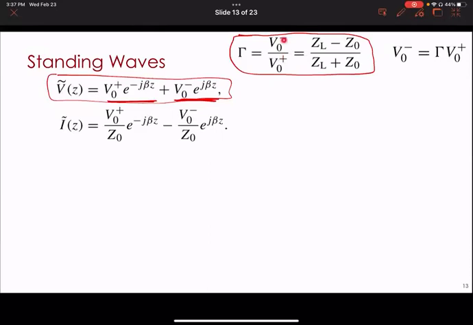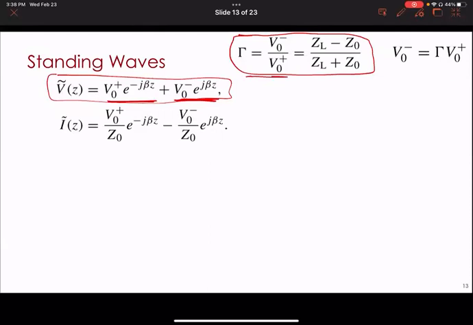This part here, V0 minus over V0 plus, reminds you of the definition of the reflection coefficient. It's the amplitude of the reflected wave divided by the amplitude of the incident wave. It tells you how much gets reflected. And then (ZL minus Z0) over (ZL plus Z0), that's how you're actually going to calculate it. Normally you have ZL and Z0, so you're able to plug numbers into that one and get the answer.